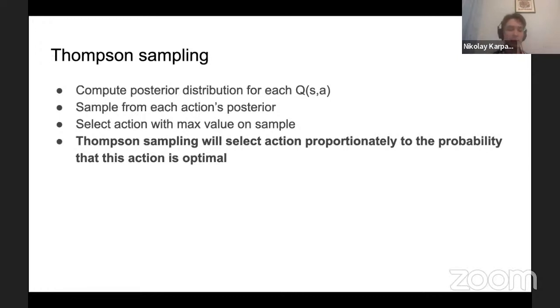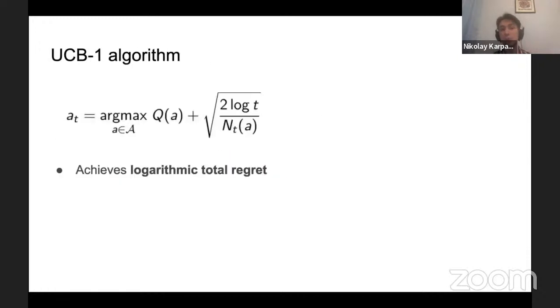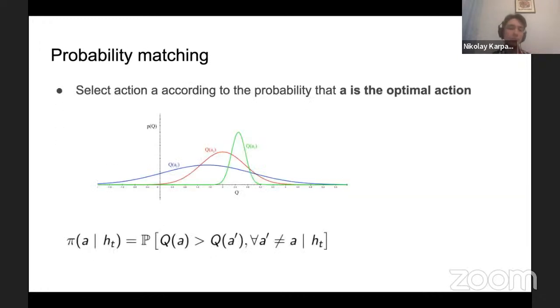In some environments, it is much better to do this kind of sampling than the upper confidence bounds, because, informally, it is clear that sometimes upper confidence bounds can be too optimistic. And even though some upper confidence bound can be large enough, to understand that it is not large enough, we would lose some time doing sampling for this suboptimal action.